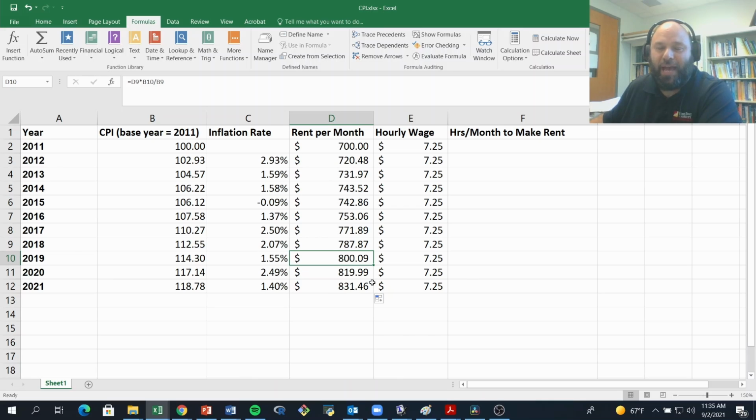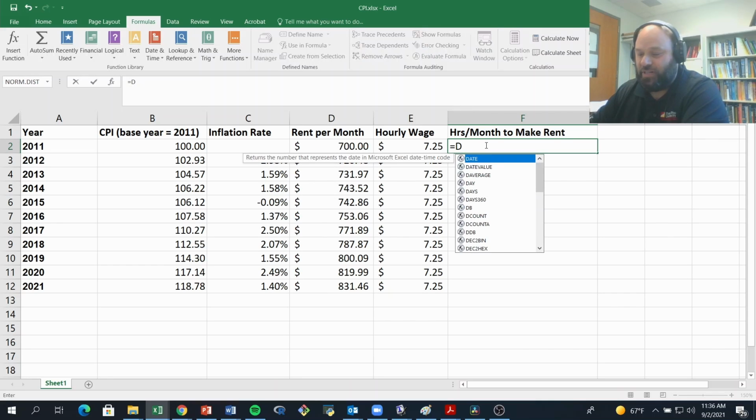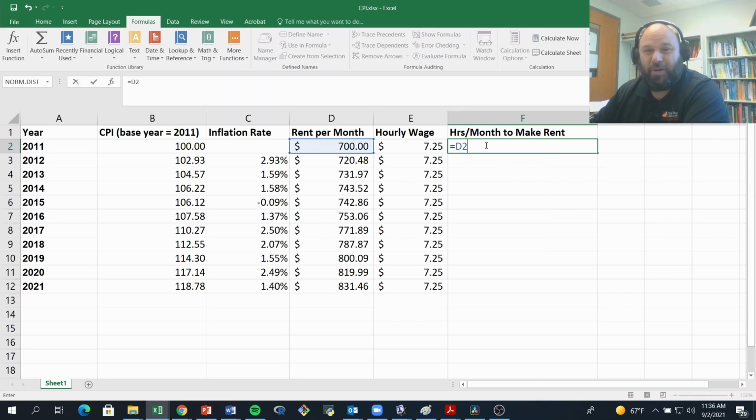Now let's see how this impacts how many hours per month it'll take to make rent. We're not going to worry about the fact that there are withholdings like Medicaid and Medicare and Social Security and FICA. We'll just assume that we're looking at gross wages here. So we'll just divide the rent per month by the hourly wage. So in this case, that's D2, our $700 per month, divided by $7.25 an hour.